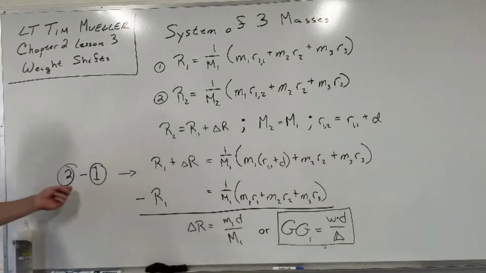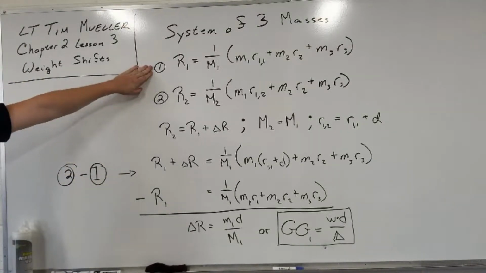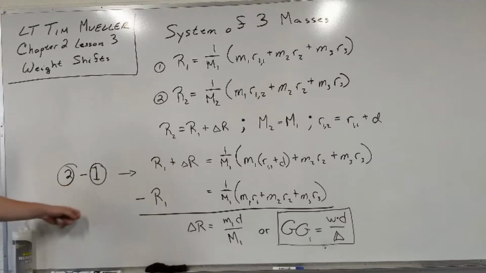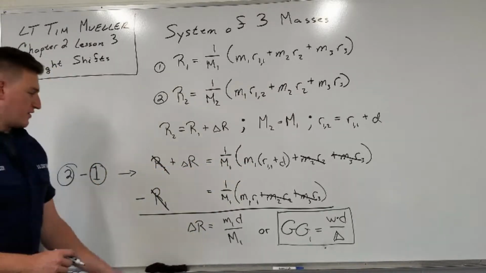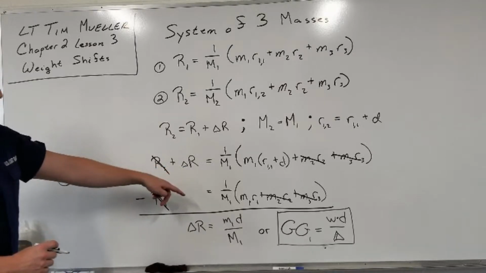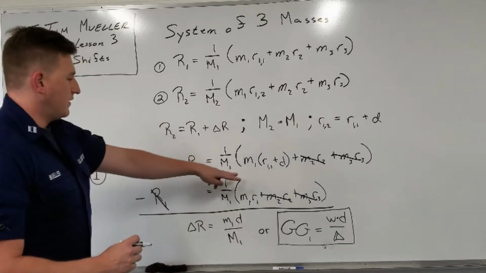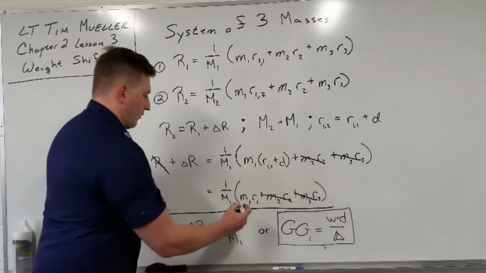Now, all we do is we take these equations, the end state and the original state, and we subtract the original from the end state. And then we get this line. Now, I'm not going to go into all the math behind this, but as you can see, the R's cancel out, so we're left with delta R. Then we have 1 over M. We have M1 R11 plus D, and we have M1 R11.